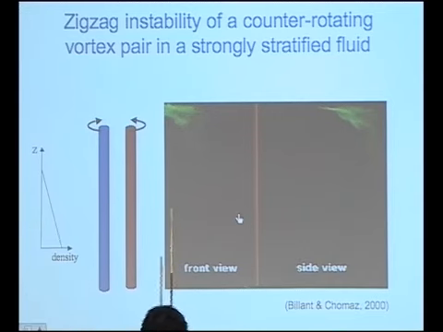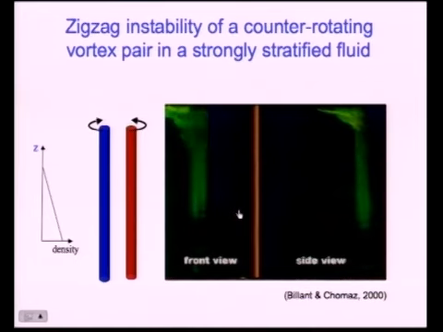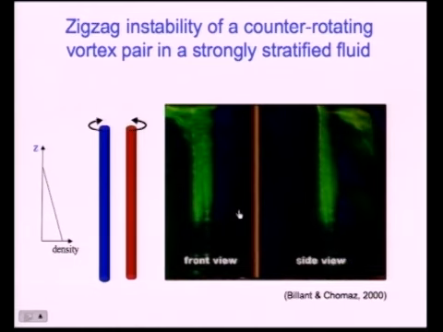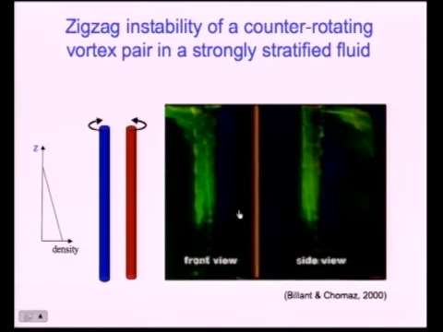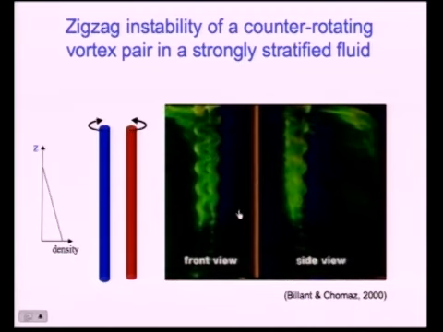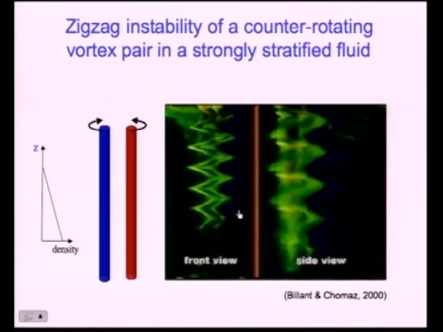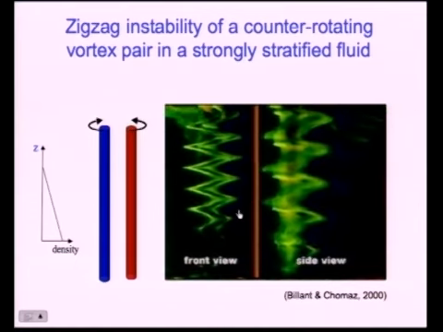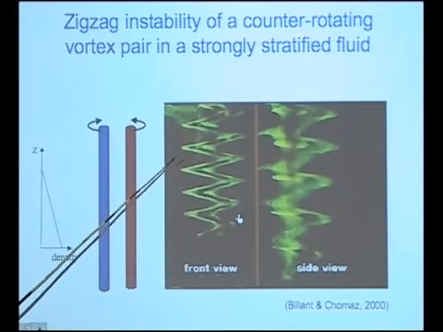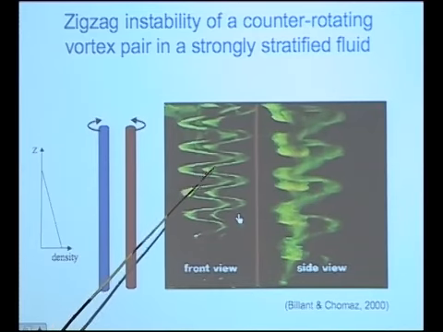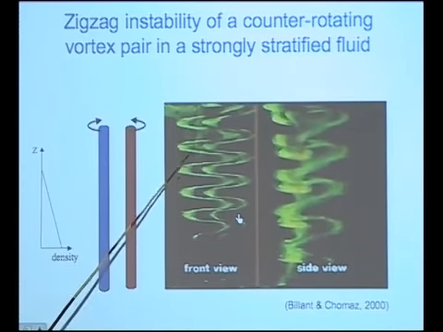So we have observed this instability on a pair of counter-rotating vortices, with the stratification along their axis. Here you see the two vortices coming towards you, and this is a side view. At the beginning they were uniform along the vertical. Now we see sinusoidal deformations.